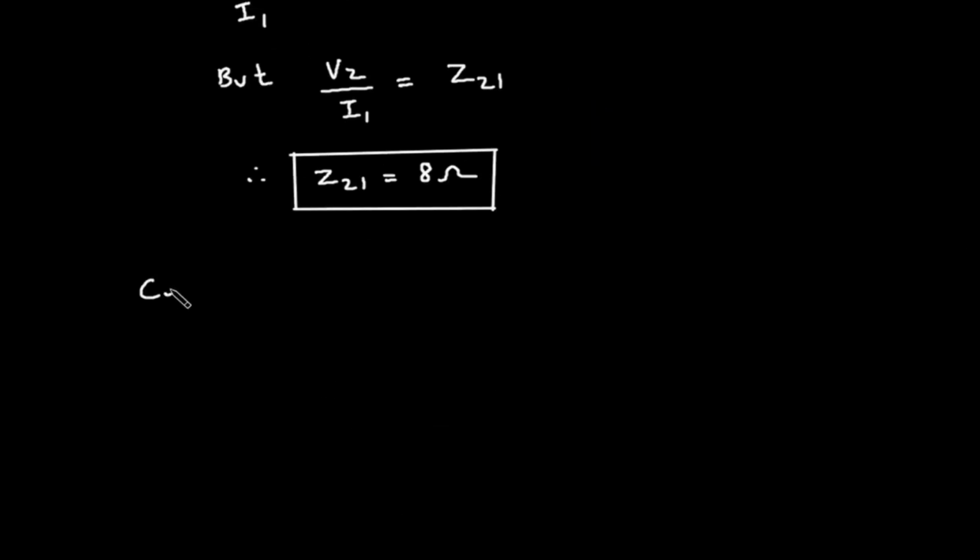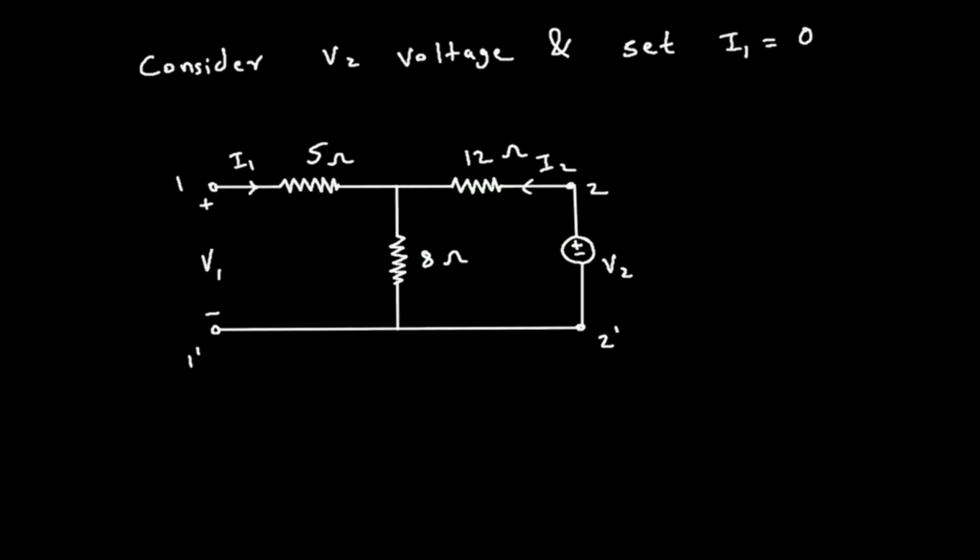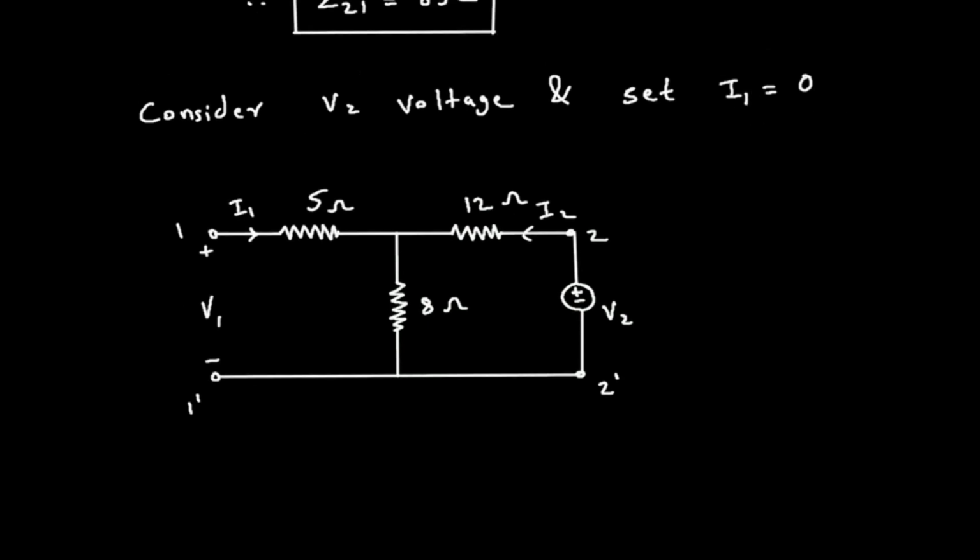So here we consider this voltage as V2, positive here and negative here, this will be current I2, this will be current I1, and this voltage as V1, positive and negative. Now we are considering I1 equal to 0.